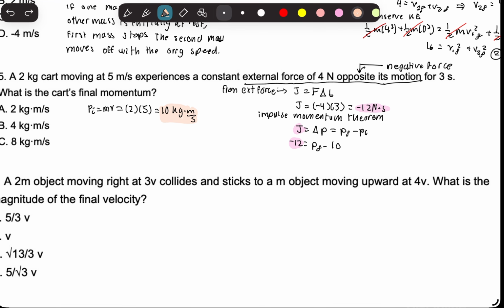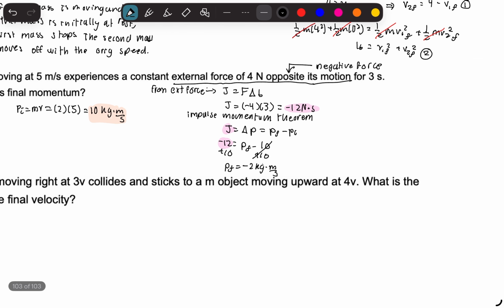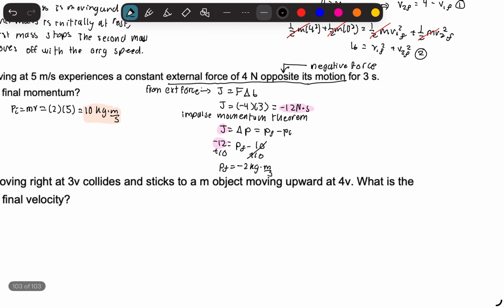Now all you have to do is just solve for what pf is. So you just add 10 to both sides. You get that pf is equal to negative 2 kilograms times meters per second. So what that negative sign means in this context is that your cart actually reversed direction.